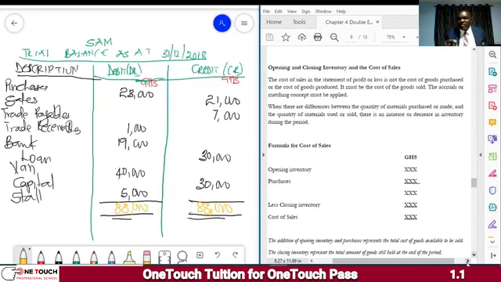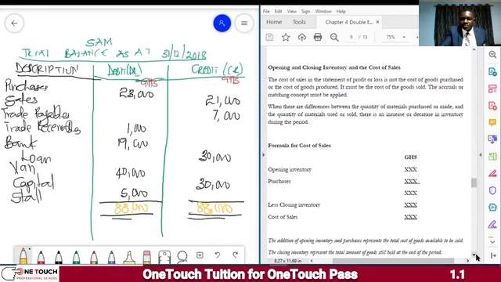So the formula for calculating cost of sales is that if you have an opening stock, you add your purchases to it. When you add your purchases to your opening stock, you get to know the total quantity of goods that you have to sell. Then at the end, you would have sold some of the goods. So what is the quantity of goods left and what is its value? Now you have to deduct the value of goods left from the total goods that you had to sell, and that will give you the cost of the goods that you have sold, properly known as cost of sales.